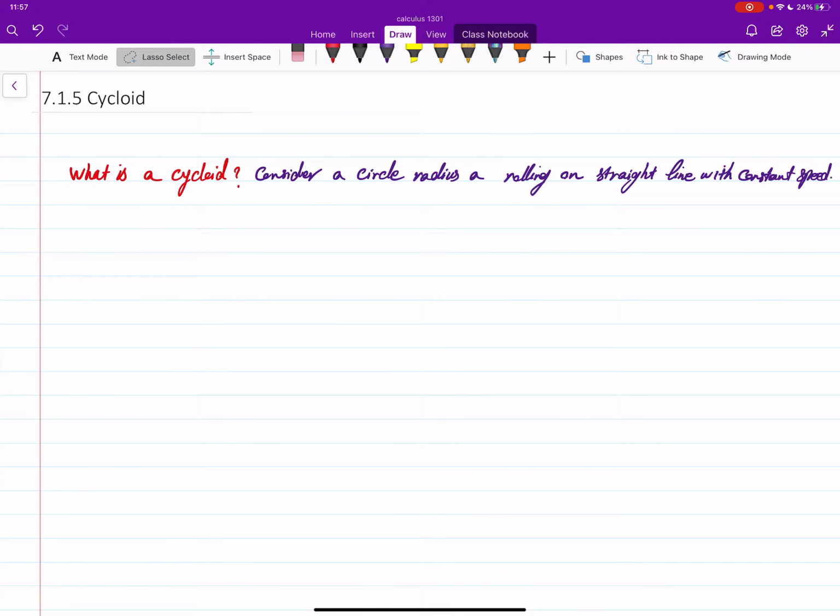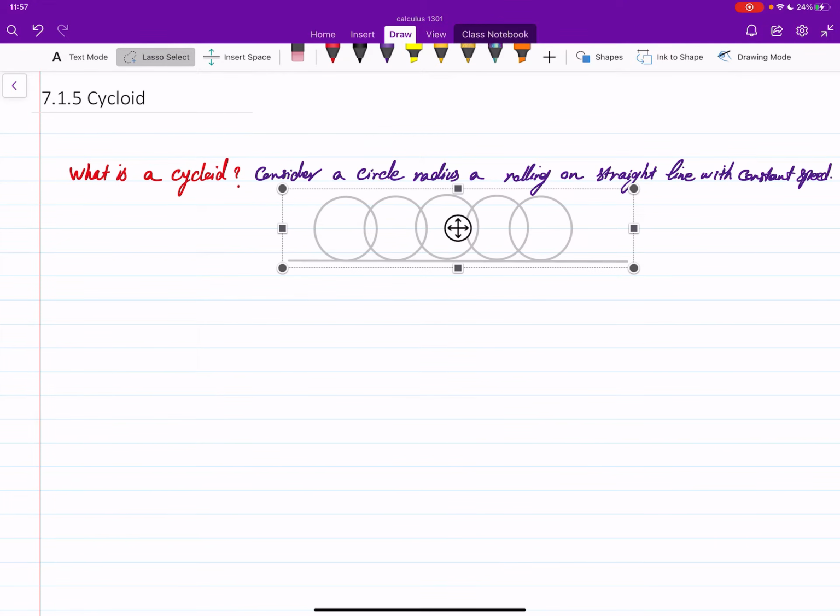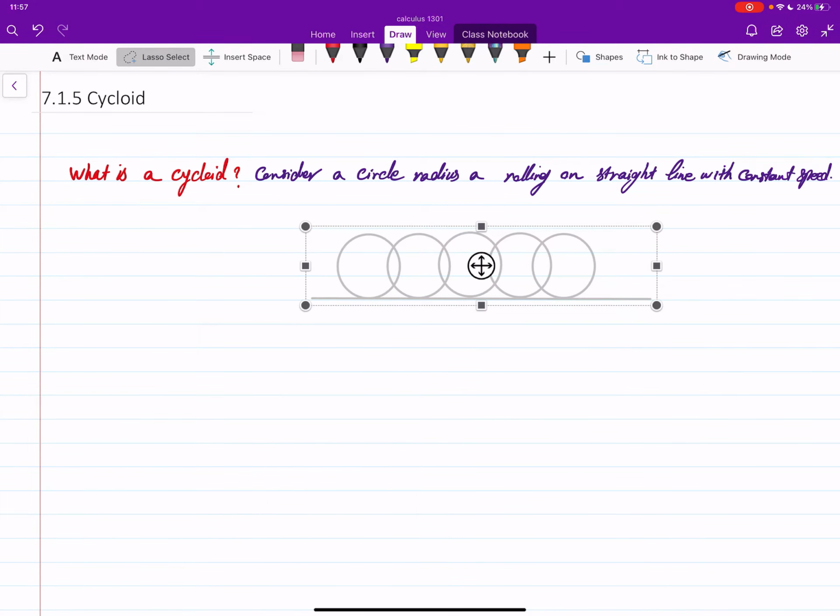In other words, if I want to draw you a picture, let's say at time t equal to 0 it is like this, and then it starts rolling, and while it rolls, we move forward. Yes?